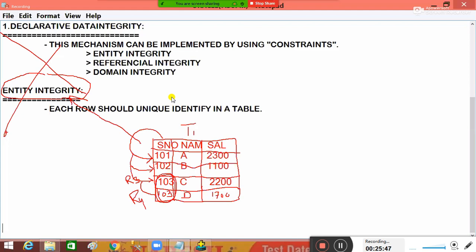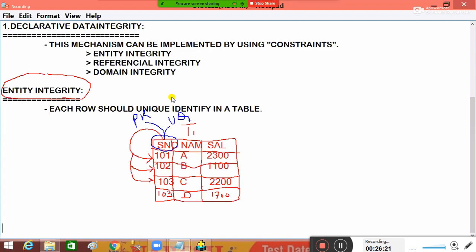So this is possible. Then how to overcome it? To avoid this problem, I want to use a constraint on any one column. Suppose I choose the serial number column. On the serial number column, I can apply either a primary key constraint or a unique constraint.